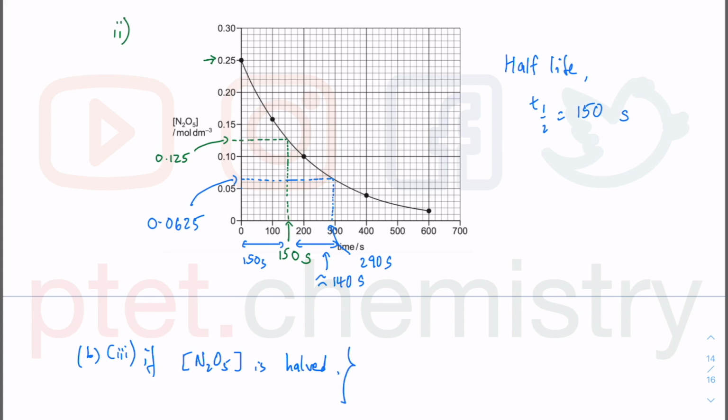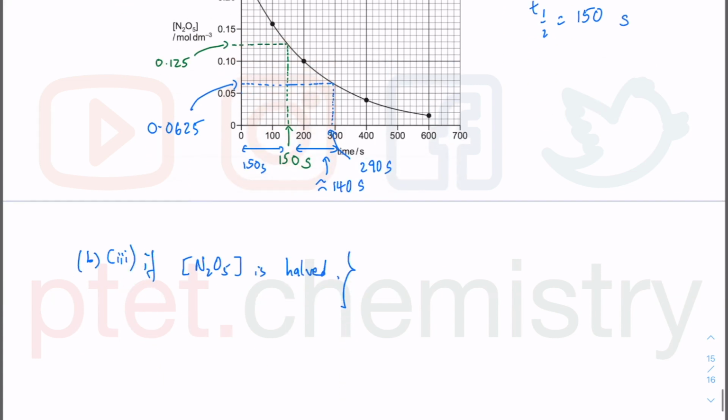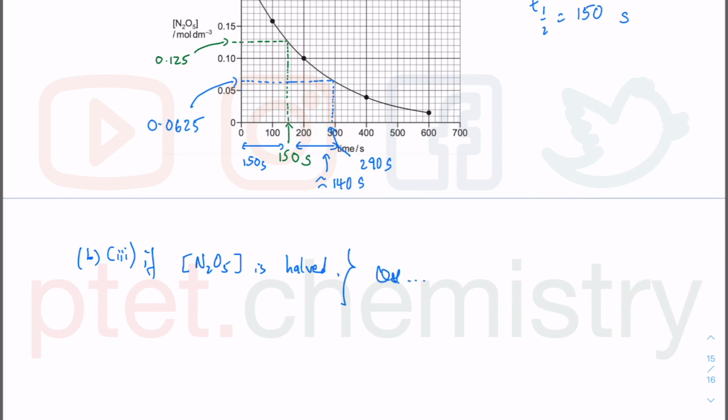So this suggests the effect. Did they tell us it's first order? They did tell us it is first order. In the question, if you look carefully, just above part 1, the reaction is first order with respect to N2O5. So that means constant half-life. That is a given for a first order reaction.